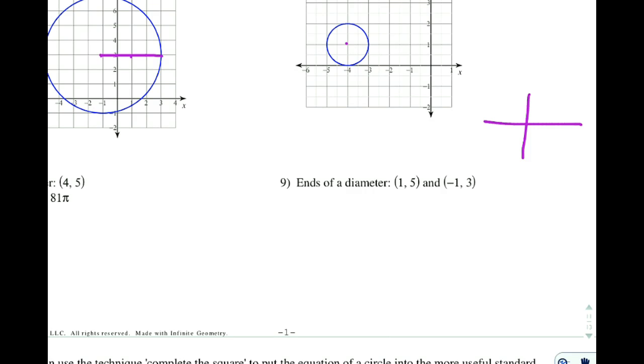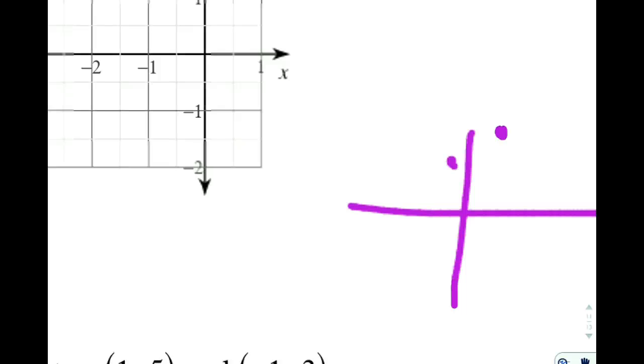The point 1, 5, so I go over 1, up 5, and the point -1, 3 would look something like this, roughly, on a graph. If that's the ends of the diameter, the center of my circle is somewhere in the middle. And my circle would go something like that.